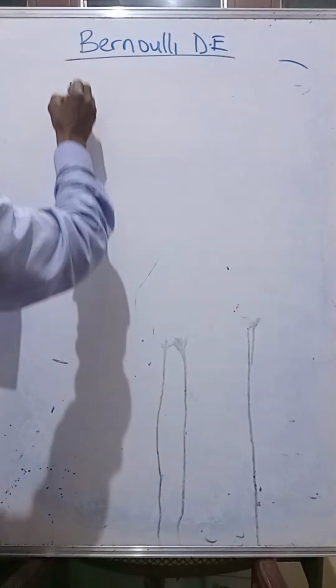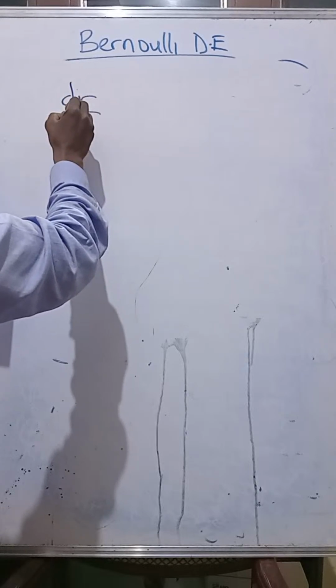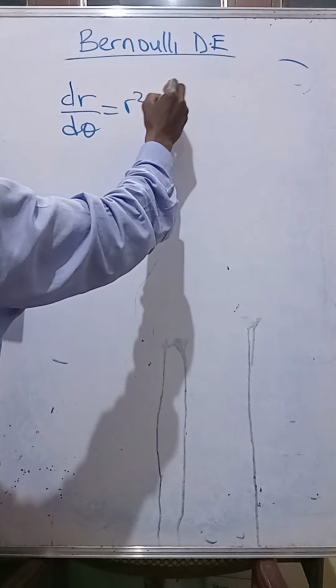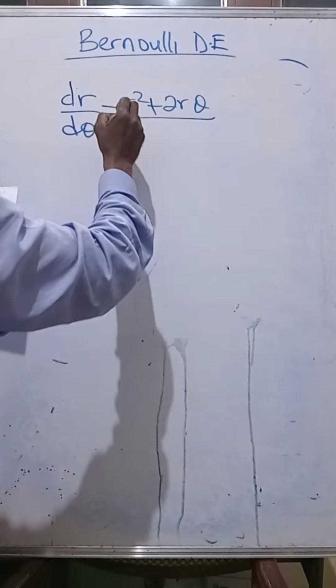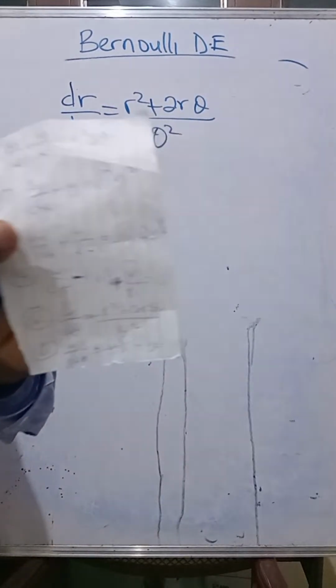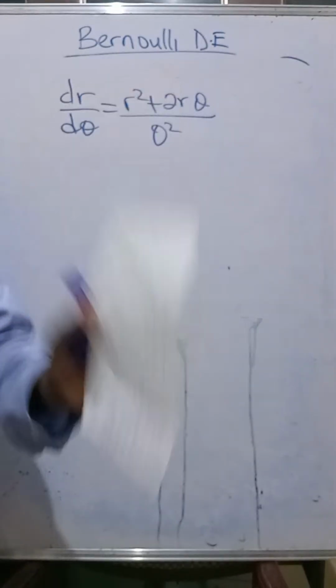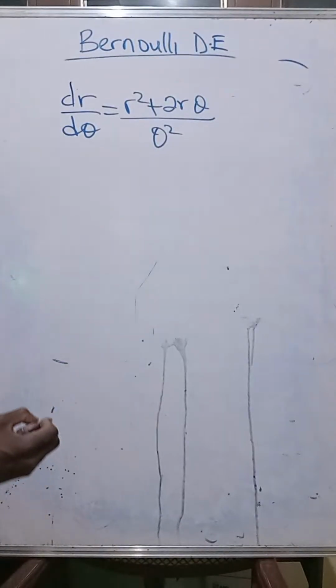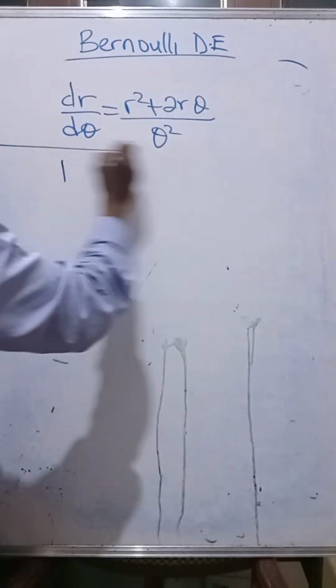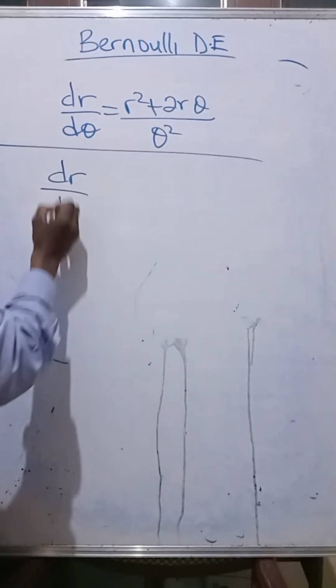This is the question we have. I try to use the Bernoulli differential equation. So this is what we have, and I've told you there's no solution here. So do the algebra. That's the first thing to do.